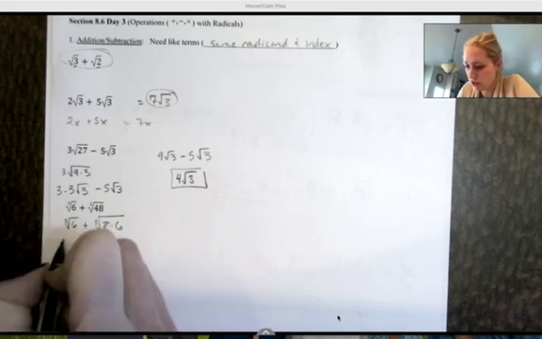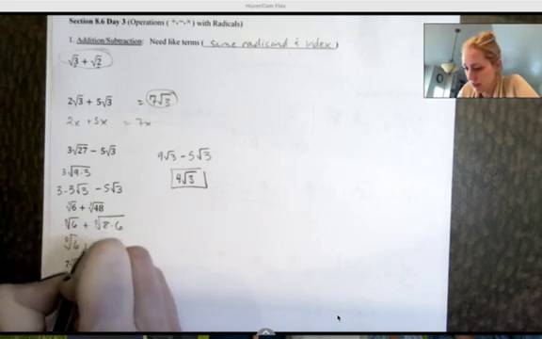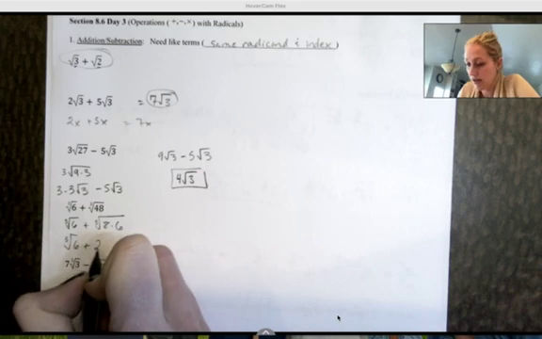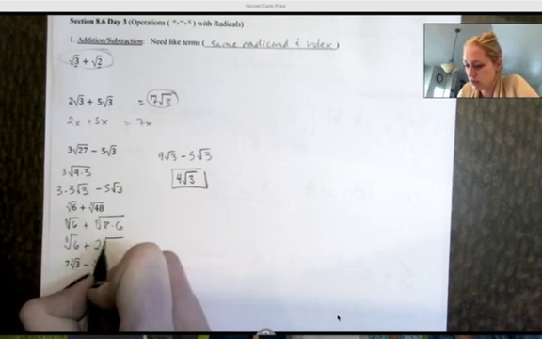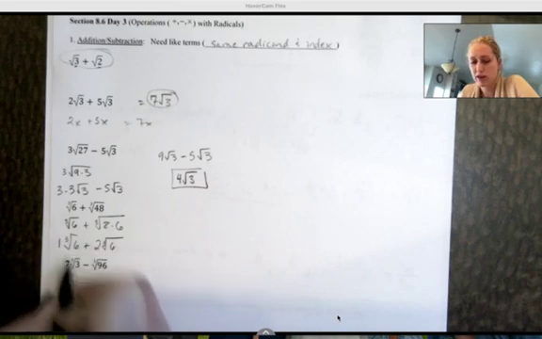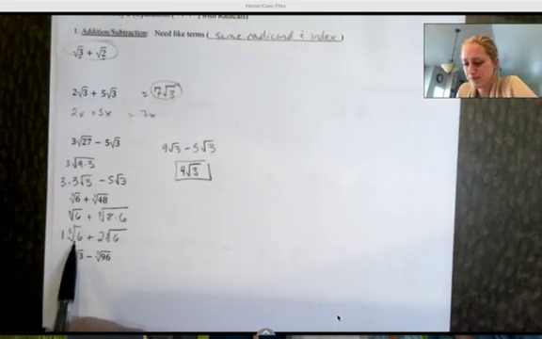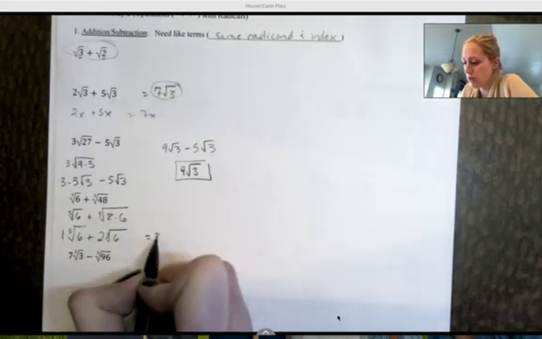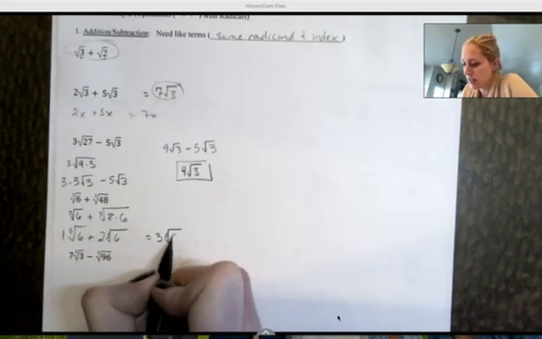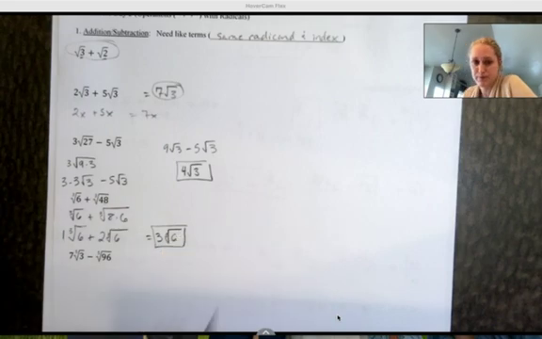Cube root of 8 is 2, so we get 3 times the cube root of 6 plus 2 times the cube root of 6. So this is really like a 1 times the cube root of 6, so 1 plus 2 is 3, and then the index and radicand part stay the same.